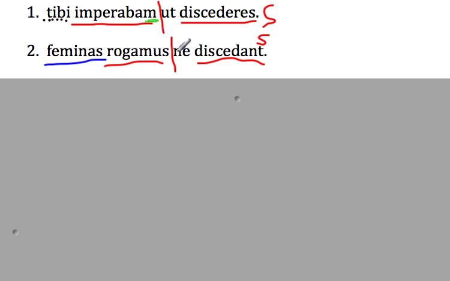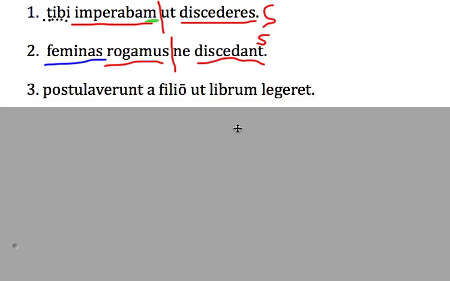We ask the women that, discedant, that they not leave. Another way to express this, guys, how would you put this into easy English? We ask the women not to leave. So up here we had I ordered you to leave. We ask the women not to leave.